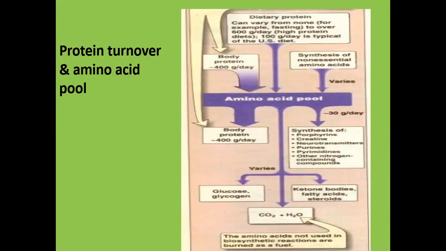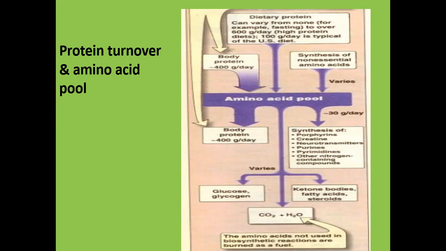Creatine is formed from glycine, arginine, and methionine. Purines are formed from glycine, aspartic acid, and glutamine. Pyrimidines are formed from glutamine and aspartic acid. Then tyrosine gives rise to the neurotransmitters dopa, norepinephrine, and epinephrine, and tryptophan gives rise to serotonin.